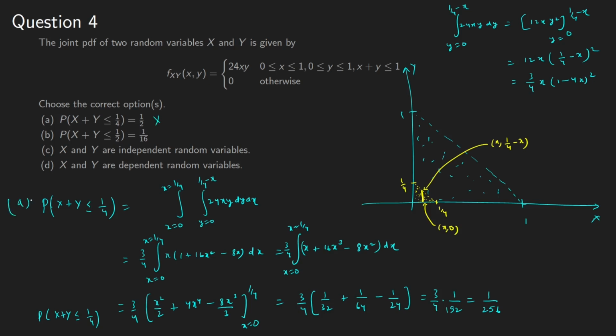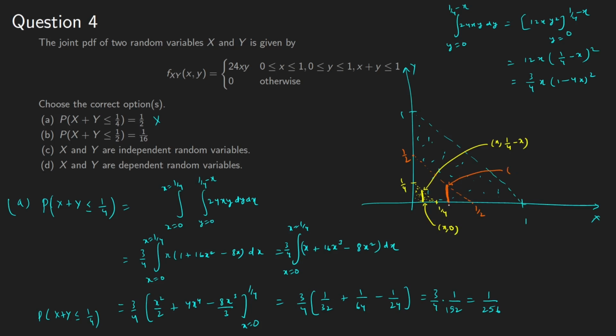And next we need to check for option number B. So the second option asks for similar probability, but the only difference is in the limits. So this is half and this is also half. We can imagine another strip here that goes from x equals 0 to x equals 1/2. The important thing here is the coordinates of the points.